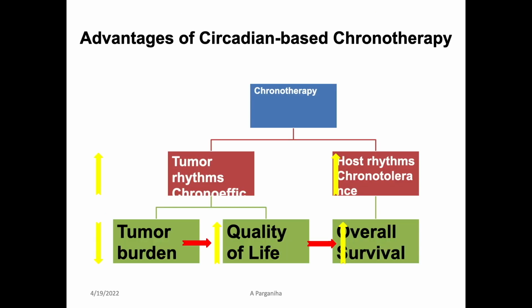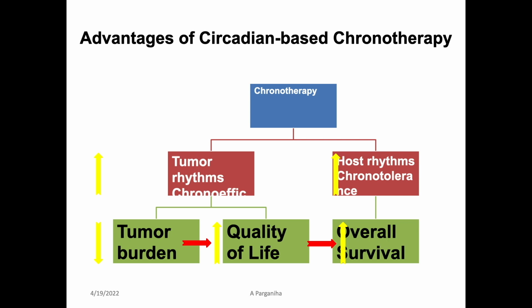So on the basis of all these outcomes, we can conclude that this circadian-based chronotherapy is very advantageous, in that it increases the tumor rhythm chrono-efficacy, that is, the effectiveness of the drug can be increased, as well as the host rhythm chronotolerance, that is, the tolerance of the host can be increased.